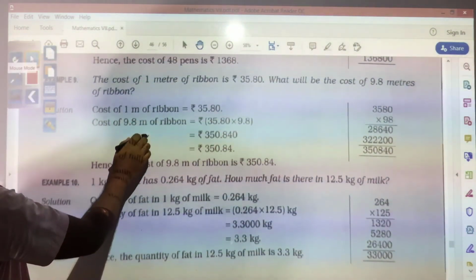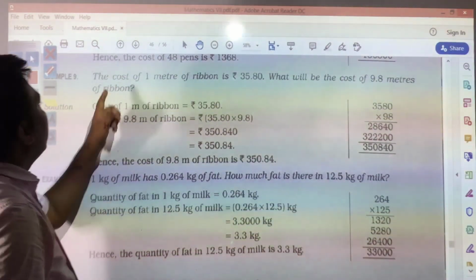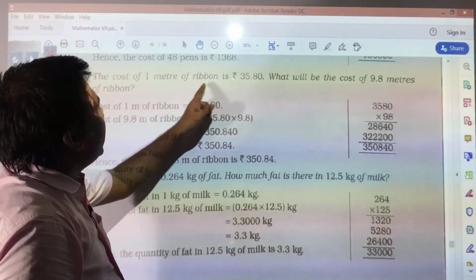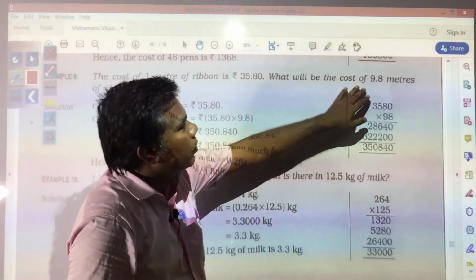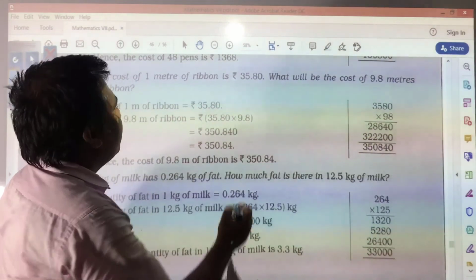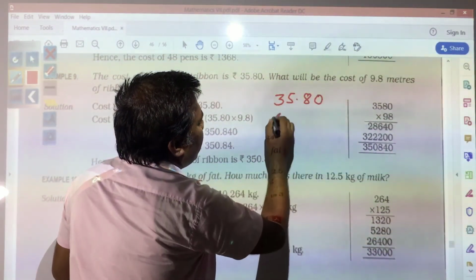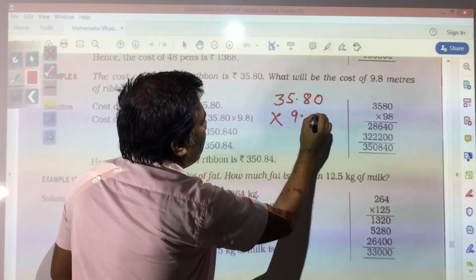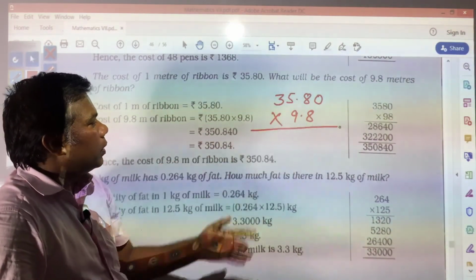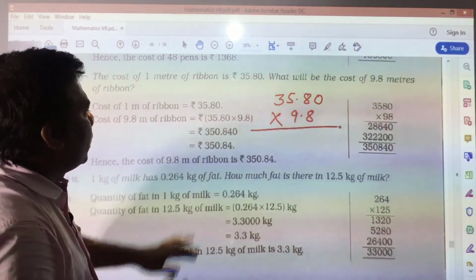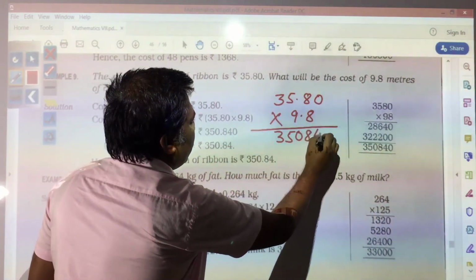Next you see, the cost of 1 meter of ribbon is 35.80 rupees. What will be the cost of 9.8 meter? The same thing is required to be done. 35.80 is required to be multiplied by 9.8. First step is what? Again without the decimal you multiply this. So, suppose without the decimal you have got 350840.